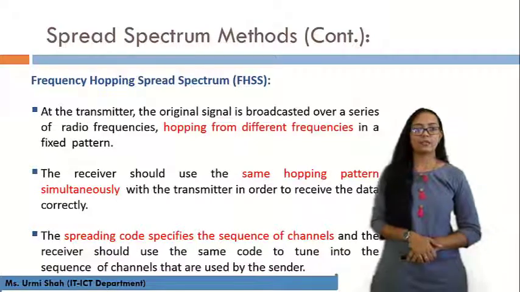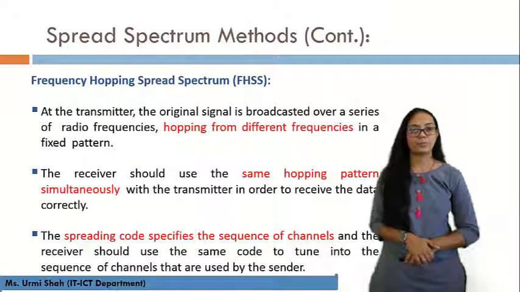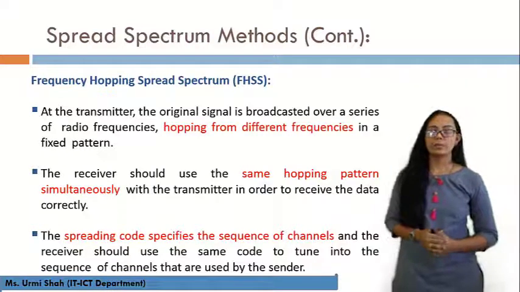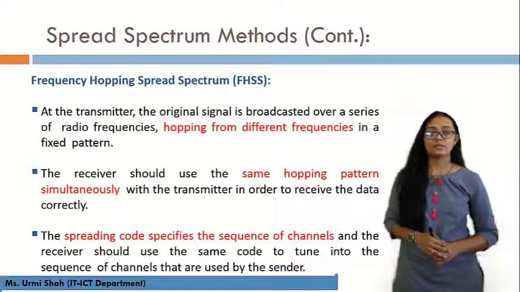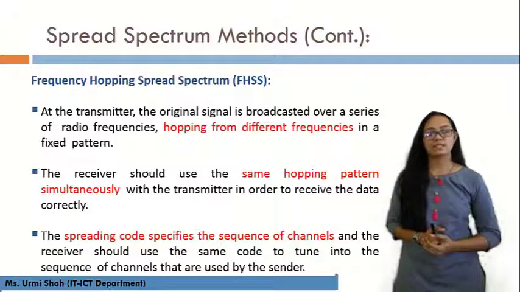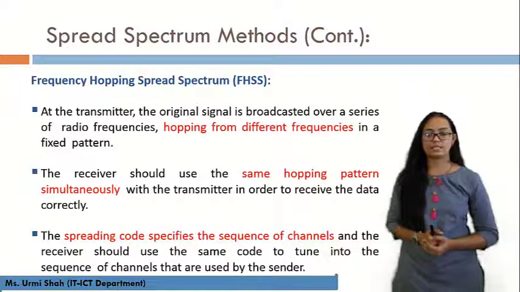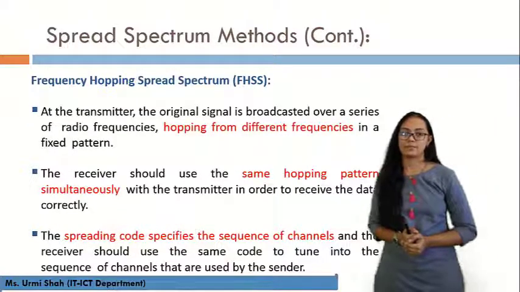Next, another technique in spread spectrum methods is frequency hopping. In frequency hopping spread spectrum, FHSS, at the transmitter end, the original signal is broadcast over a series of radio frequencies, hopping between different frequencies in a fixed pattern.